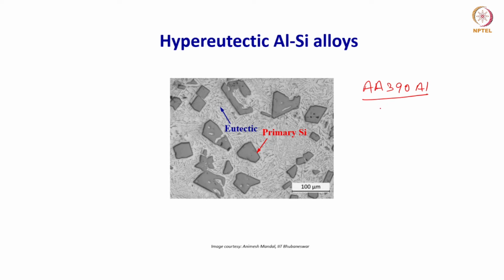This alloy has 17% silicon, some copper and some amount of magnesium.